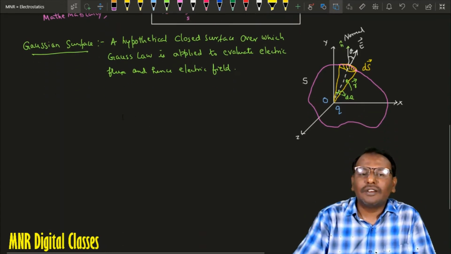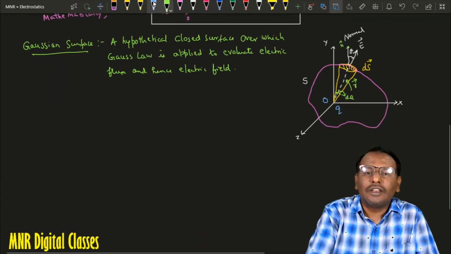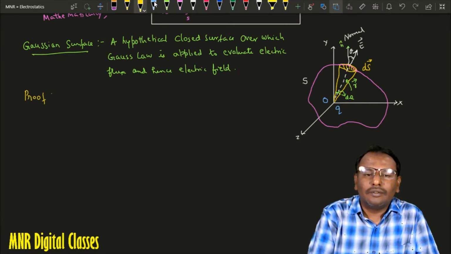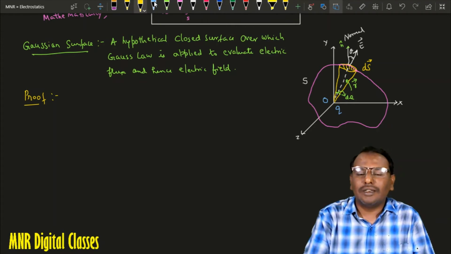With this definition of Gaussian surface, now we shall move on to derive Gauss law or to prove the Gauss theorem.